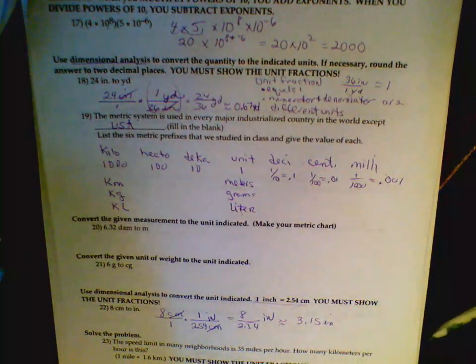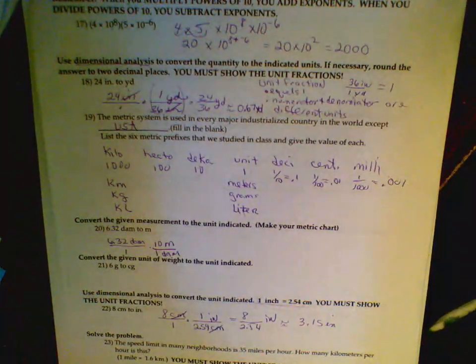So if I want to convert 6.32 decameters to meters, how I would do this using dimensional analysis is I would do 6.32 decameters, and there's 10 meters in a decameter.